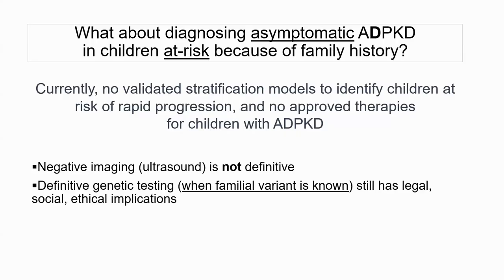Genetic testing specifically for ADPKD genes can be definitive, but we can only say with 100% certainty whether a result is positive or negative when the familial variant is known. If the familial variant is not known, you could still find yourself in an inconclusive situation. And any genetic testing, especially in the pediatric population, has additional social, ethical, and maybe legal implications. So it's a test that needs to be carefully evaluated and not offered just like that.